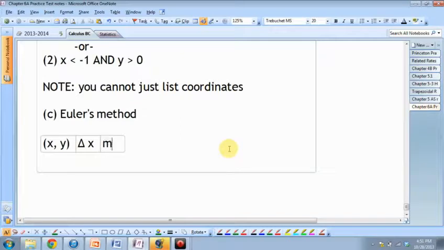What's next? M. M equals dy dx. Delta y, which is equal to m times delta x.